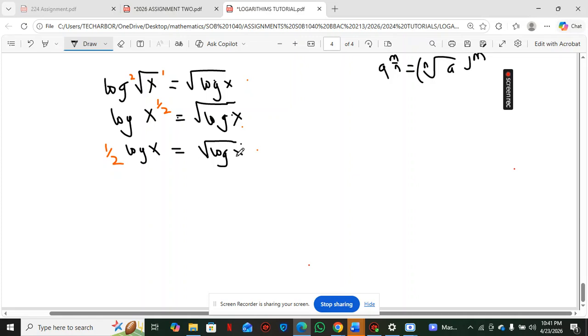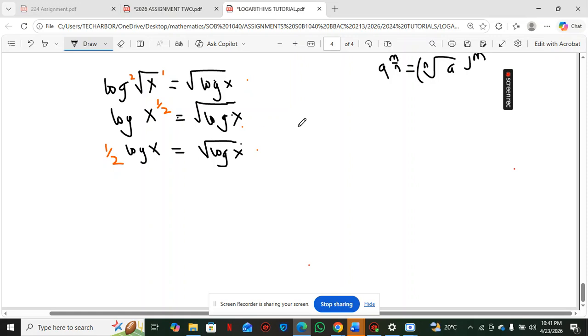All of this that we're doing is because we want to have a log x like this. Have you seen the way this log x is in the root? That's what you're trying to do with the left-hand side. You want to just have it as log x here. Okay, colleagues? Yes.